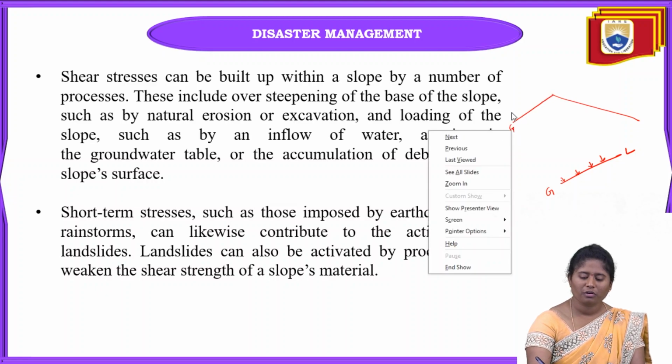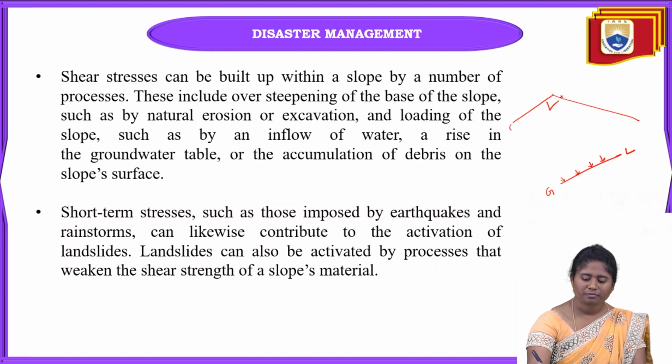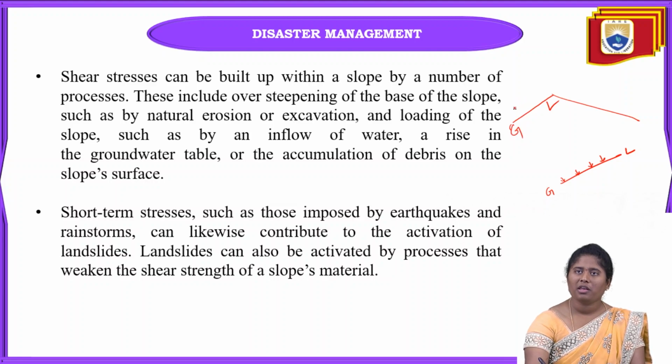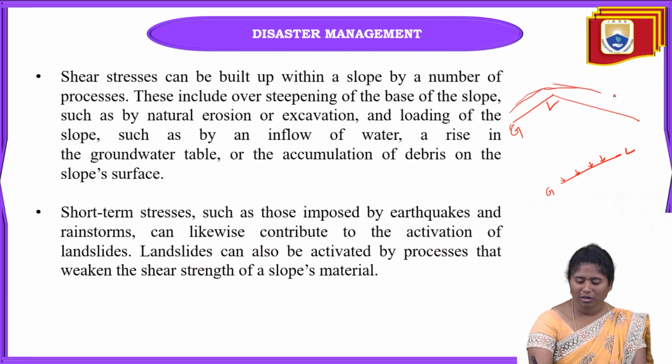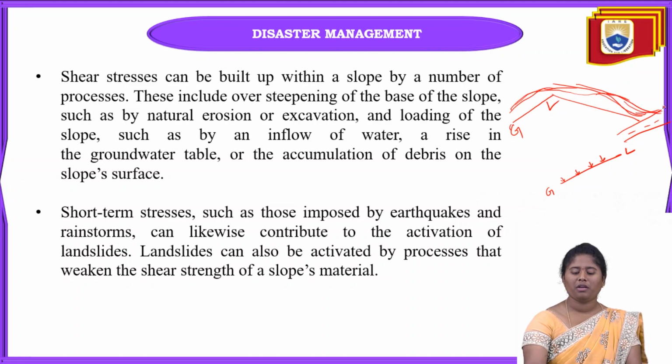When any earthquake happens, natural erosion occurs or any excavation takes place, landsliding will happen. Like this, it will fall onto the road. If this happens without any warning, there will be loss of human lives also.